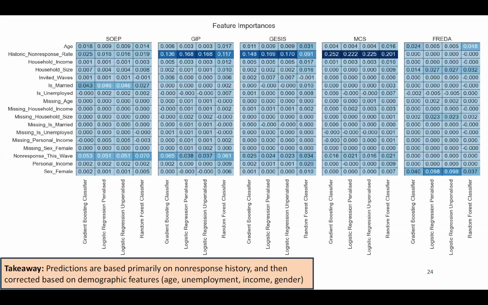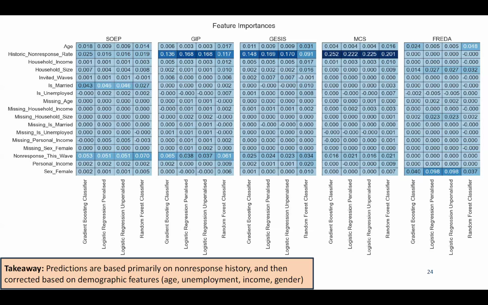The takeaway here is that non-response history, non-response prior behavior, is really the most important thing when you're trying to predict future non-response behavior. The most important variables across all of the different models are historic non-response or non-response in the current wave, in all of them except Frida, although we're arguing that we can sort of ignore Frida because Frida's predictive power was 0.6.